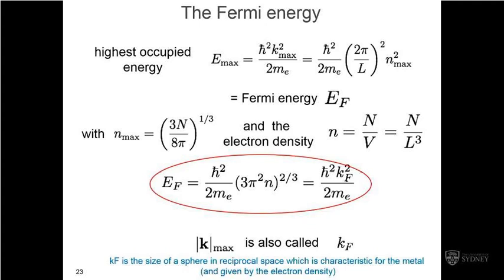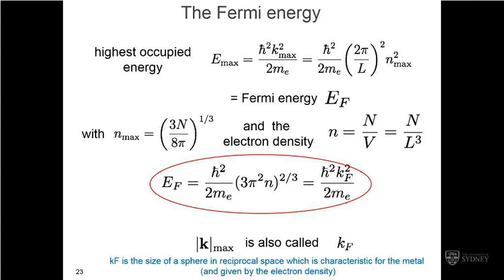All you have to do is stick this N max, which we just derived, into there, and you will get this. It might take you two or three minutes of thinking, but you'll get it. So we derived that, we know that, stick that in there, and you'll get this expression here.